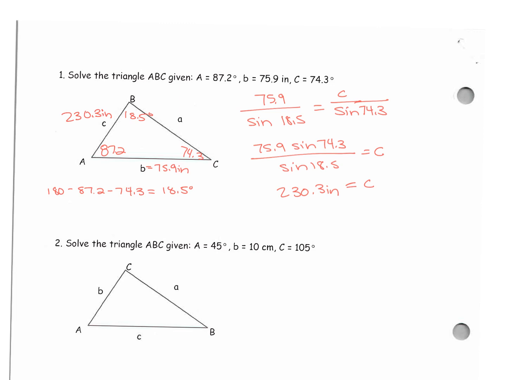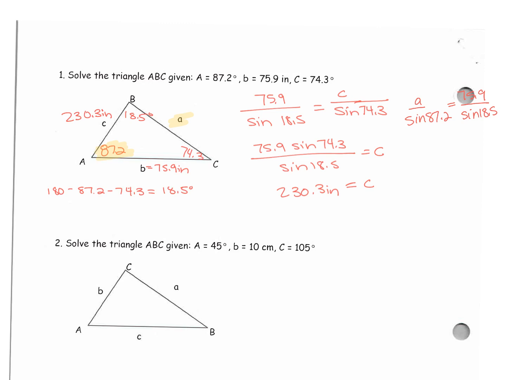So for example, I know that side A goes with the angle that's 87.2. So I'm going to use that to write another proportion where A over sine of 87.2 equals. Now I could use my new information I just found for C, but I'm going to go back and use my original information, and that was 75.9 over sine of 18.5.